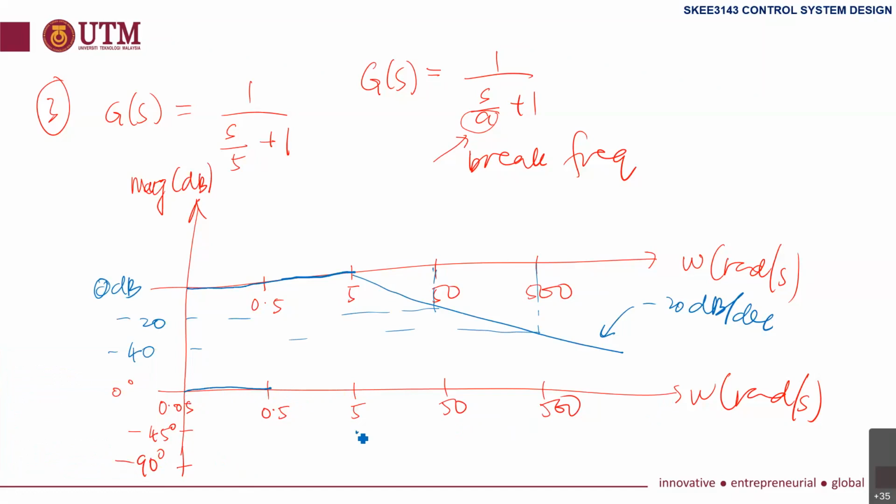At the break frequency it is 45 degrees. At one decade after that it is 90 degrees. So it will be like this, with a slope of minus 45 degrees per decade. This is the third component.